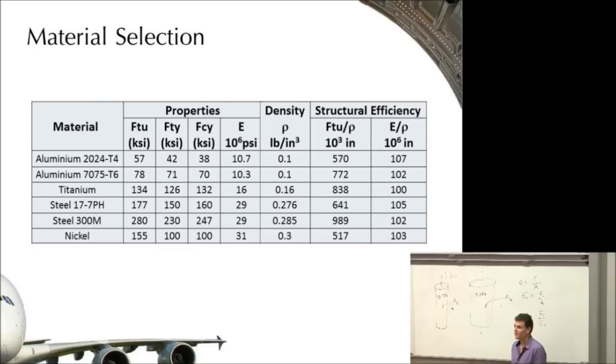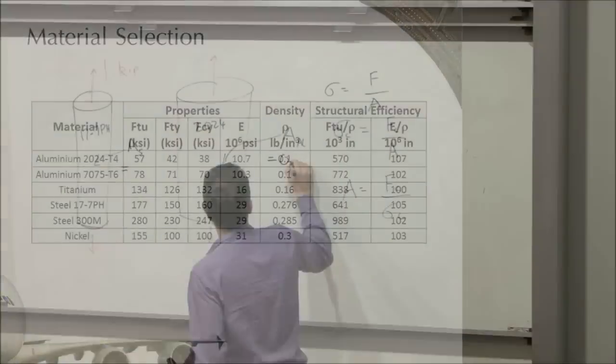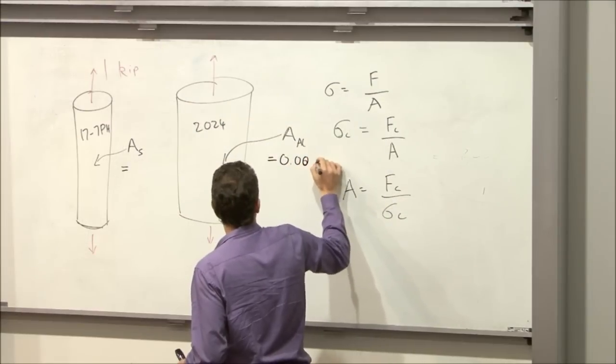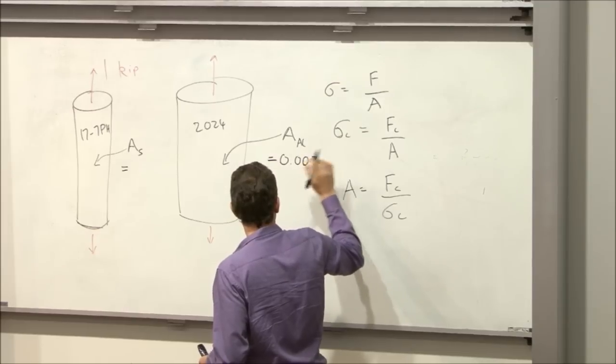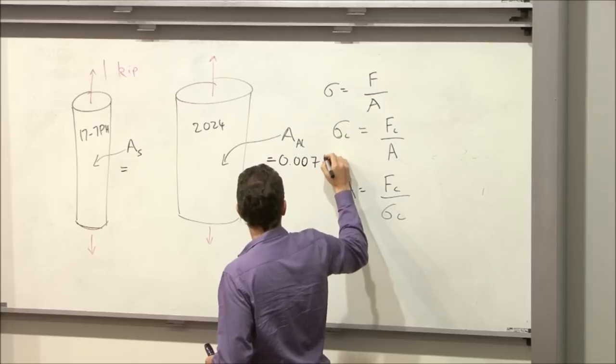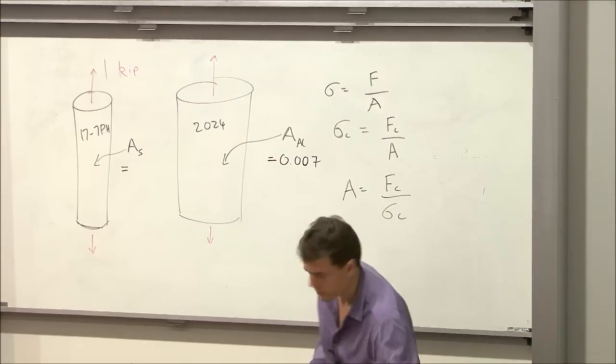Isn't it just 1 over each of the yield properties? Yeah. So I know the first one is 0.00666. 0.007, I'm just going to say, because we're going to just round off there. For steel. Is that for steel?